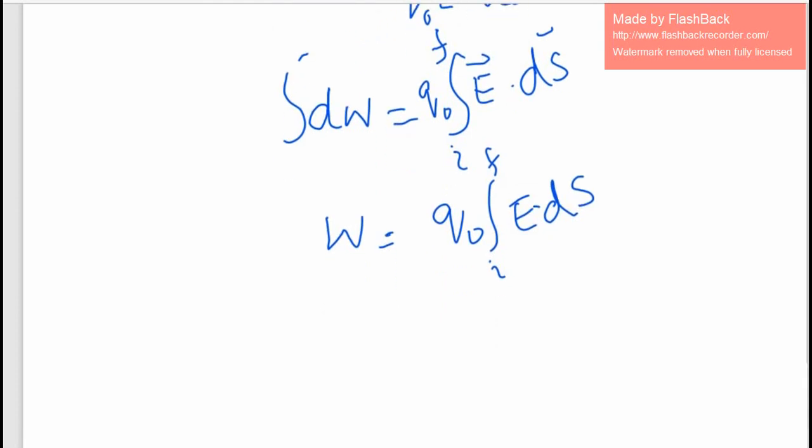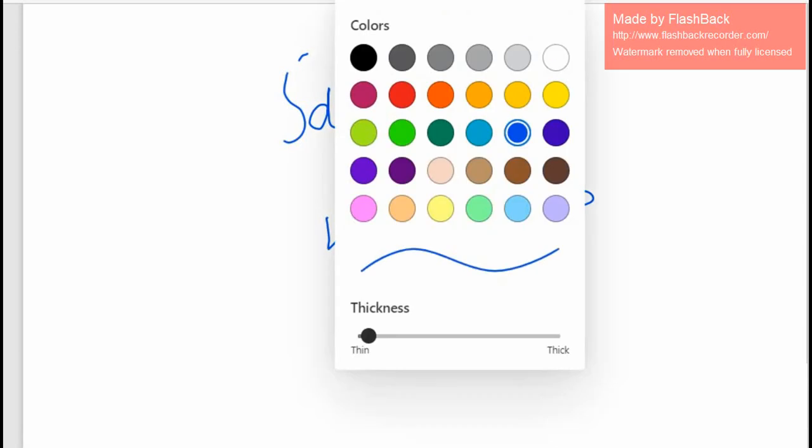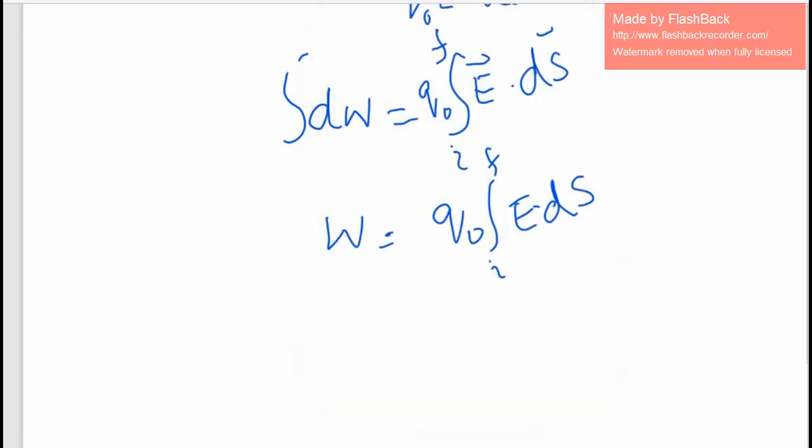We know from the previous lecture that the change in potential energy, which I am going to write over here, is Vf minus Vi, and that is equal to the negative of the work done per unit test charge.